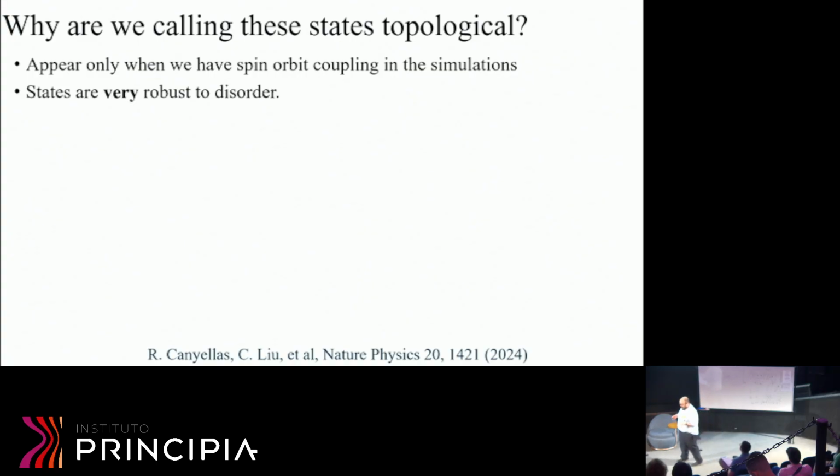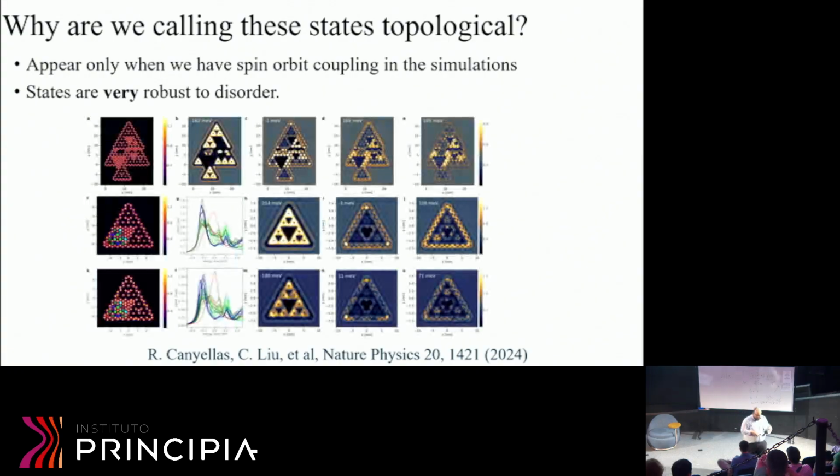Also, in simulations, we can play a bit with the states. As I mentioned before, the system was very homogeneous, so we can play a bit with disorder. We imagined that the states would still be there because it was homogeneous, but we did many different kinds of disorder, to look a bit more like the experiments.